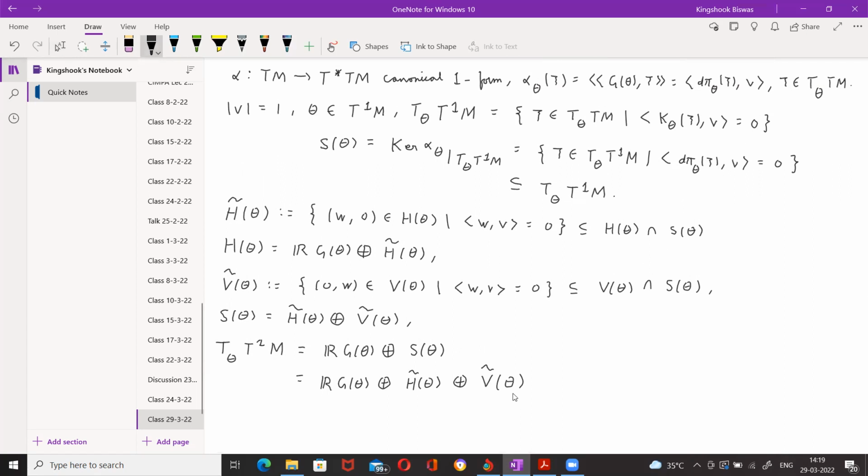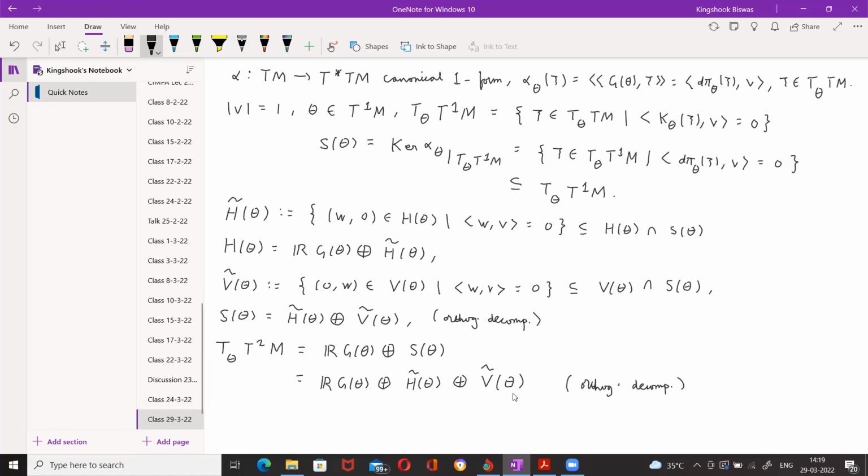So this is an orthogonal decomposition, and this here is also an orthogonal decomposition.